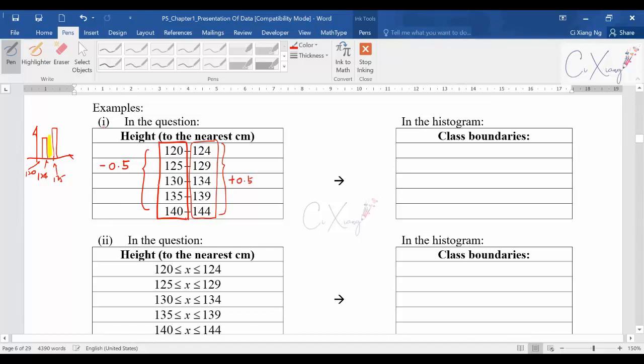Therefore, when you change it to class boundary, you have 119.5 to 124.5, and then the next one will be 124.5 to 129.5, then 129.5 to 134.5 and so on.